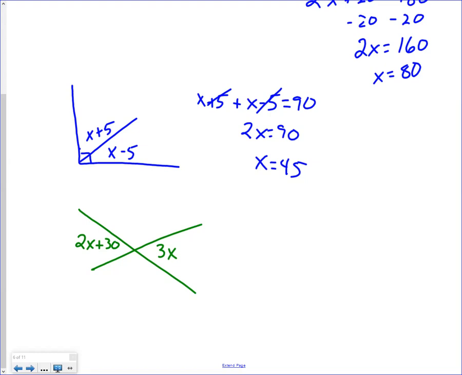The other way you can think about it is we can mark our diagram as congruent, with the two angles we have as well. So 3x equals 2x plus 30. Subtract 2x from both sides, and we find that x is 30.